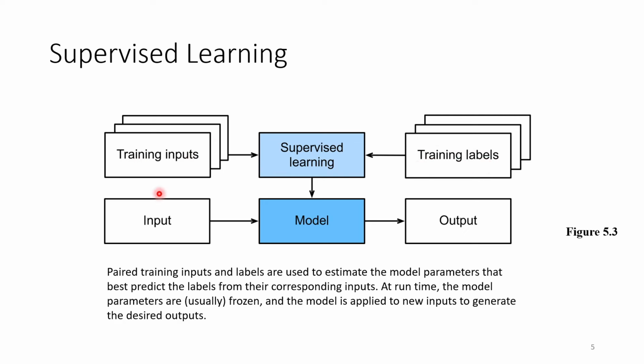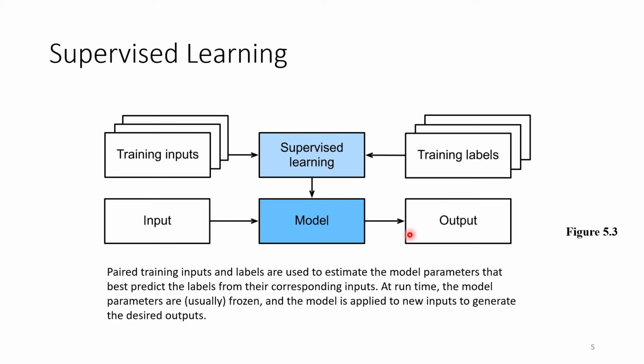Once a new input is given, meaning a test image, test video, or test data, our trained model will use its learned parameters to predict the output label.